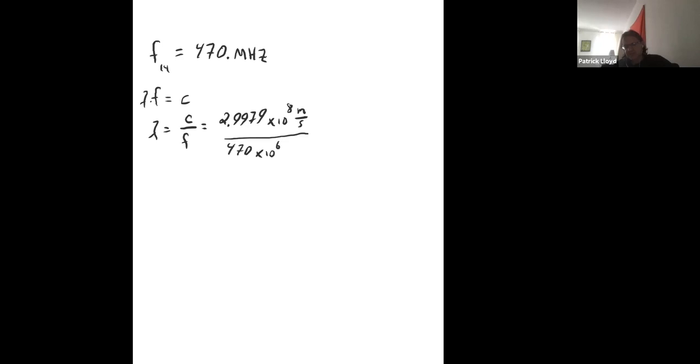So megahertz. Now hertz is a cycle per second. So typically you can just write it as 1 over second. So 1 hertz is 1 cycle per second. In terms of units, you just write it as 1 over seconds. Seconds are both in the denominator, and you're left with meters. Okay.